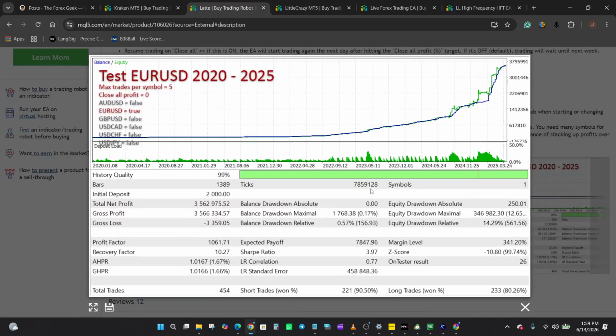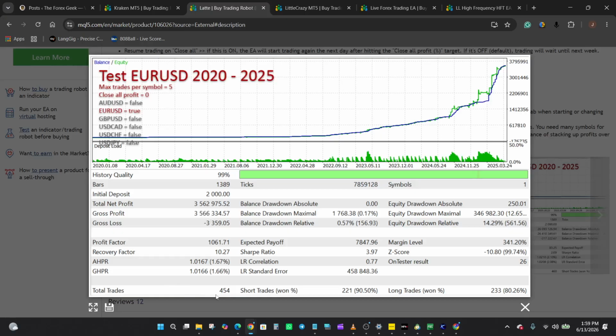But then looking at the provided results here, we can see that the test here is showing Euro USD 2020 to 2025, and initial deposit was $2,000. Total net profit was over $3.5 million.